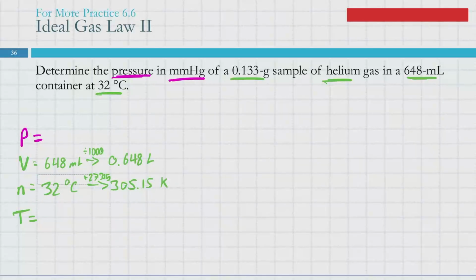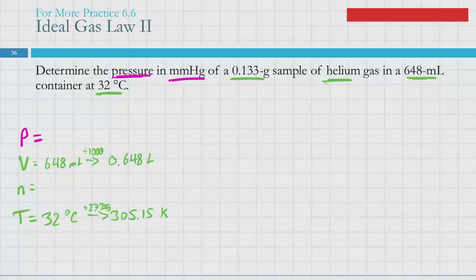That's fun. Okay, scooch that down. And then for N's usually moles, we've got 0.133 grams helium. So we would need to divide by our molar mass of helium, which is about 4, to turn that into grams, or sorry, moles. So 0.133 divided by 4, 0.03325 moles.